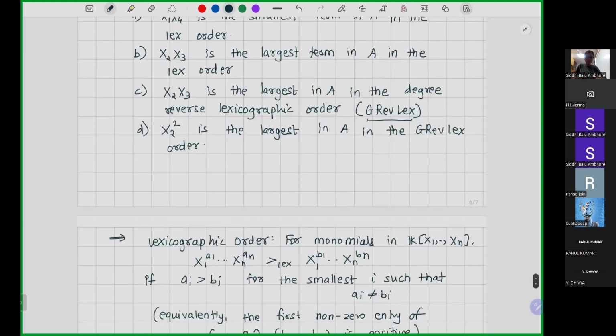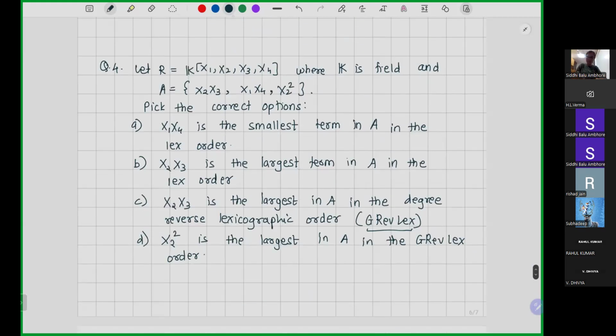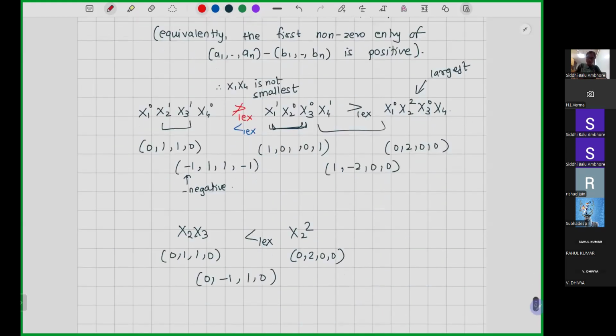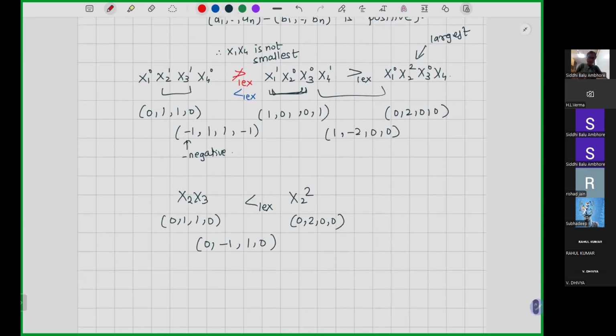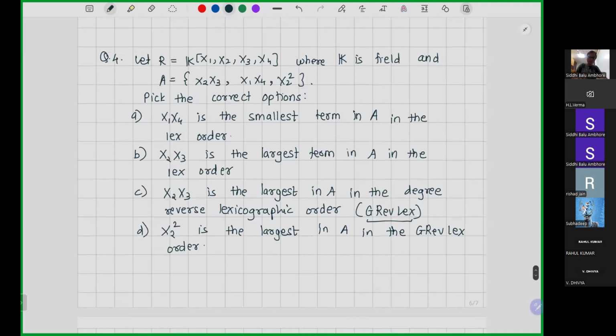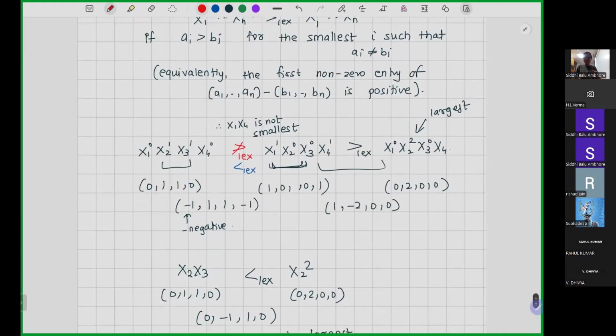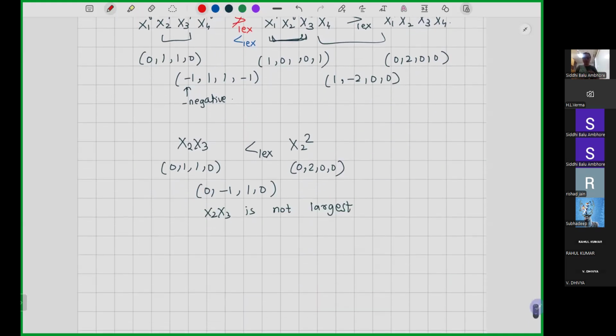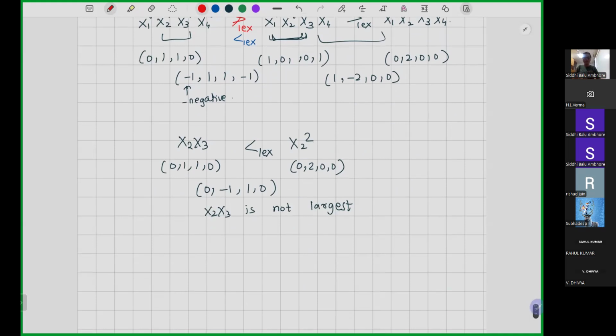So x2 x3 is not smallest, and again x2 x3 is not largest. I'm just comparing the powers. So this first one is not gone and second one is gone, because we have x2 x3, which is smaller than x1 x4, and here we have x2 square, which is larger than x2 x3.